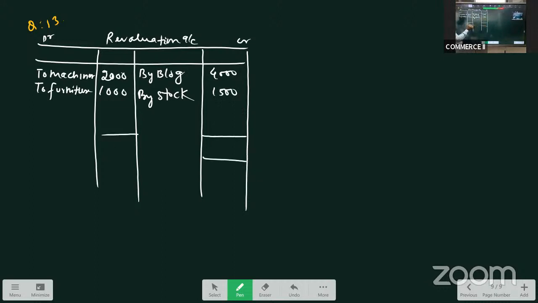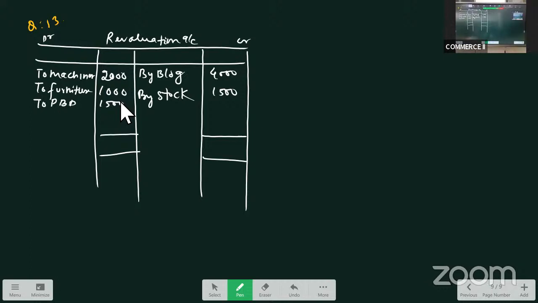So see what is the result of revaluation account. Did we incur profit or loss? Create 5% provision on debtors. This is also given. Provision for bad debts at 5%. Debtors are given as 30,000, 5% would be 1,500. So now let us see what is the result of revaluation account.